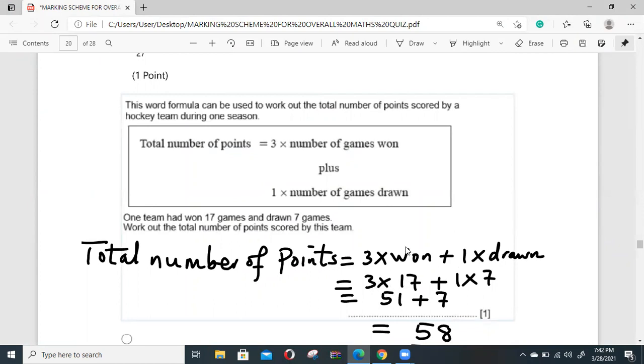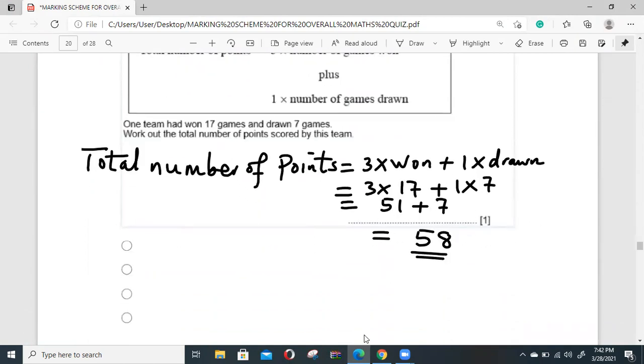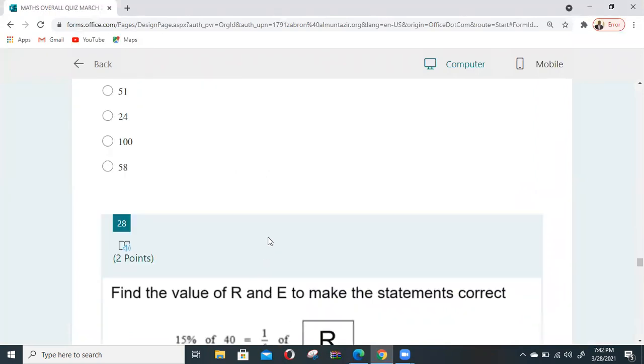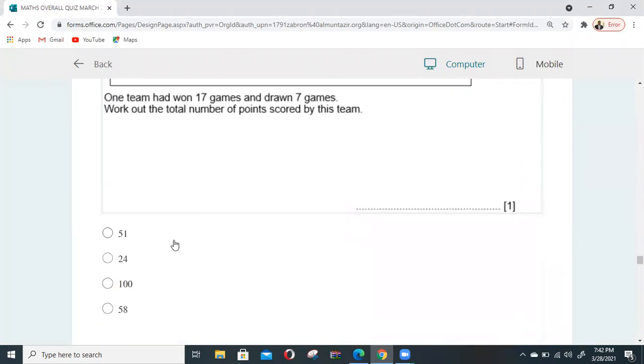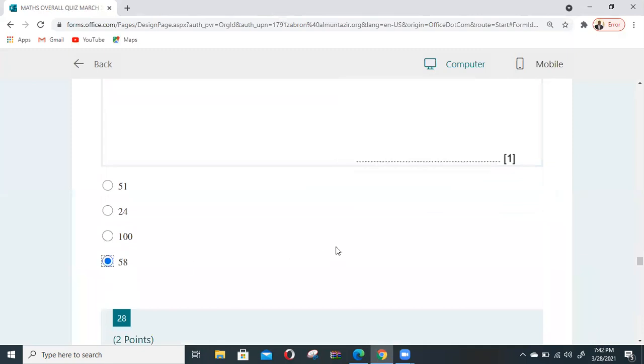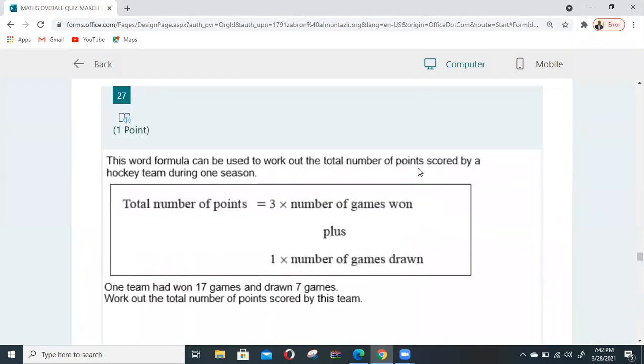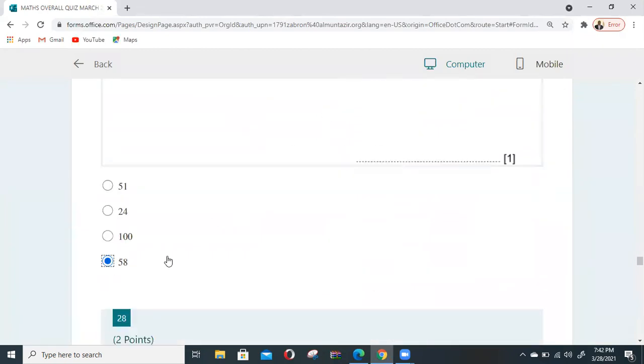There are 17 won and 7 games drawn. When you do that calculation, you end up getting 58. You check if you have got 58. Yeah, we have 58 here. So choose that, click that, and then you're good to go.